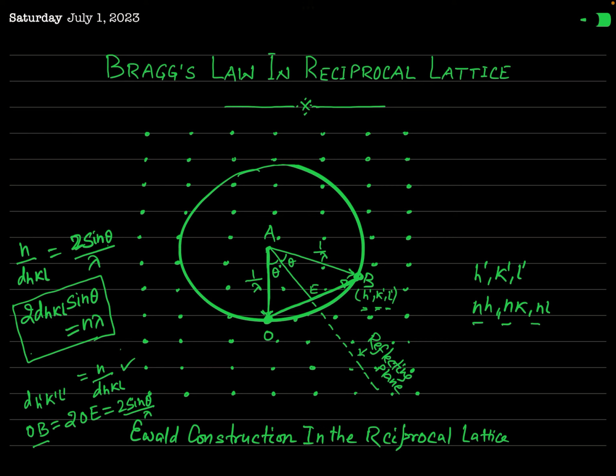When you draw a sphere of radius equal to the reciprocal of the wavelength of the incident radiation, and it intersects a reciprocal lattice point and satisfies Bragg's law, then such a construction is called Ewald's construction.